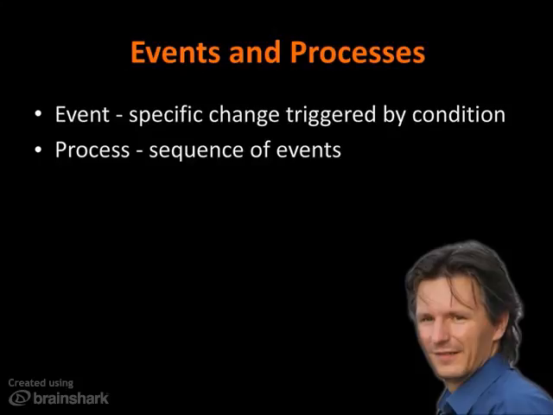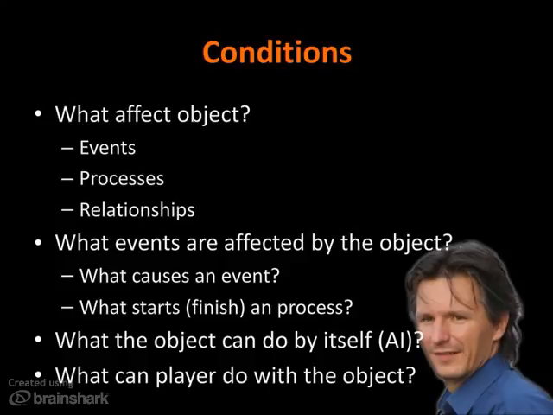An event is a change triggered by the conditions. Something happens, something changes. For example, picking up the key will open the door. And processes are sequences of events. Conditions are circumstances that affect objects or events.